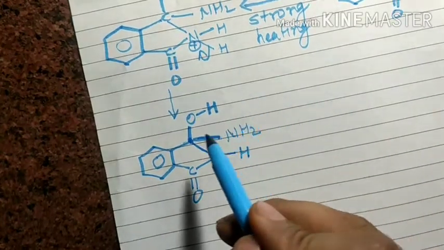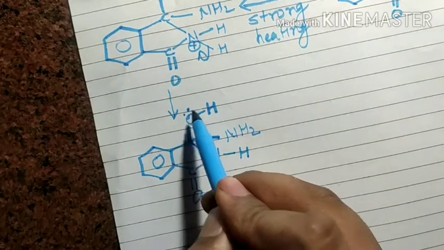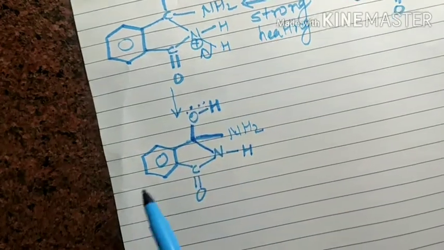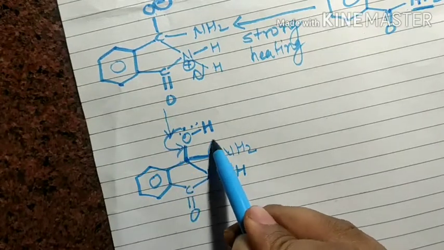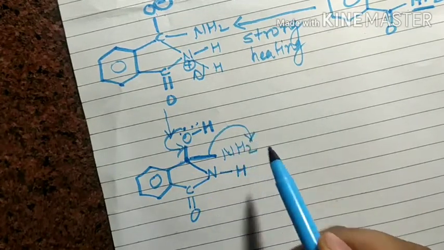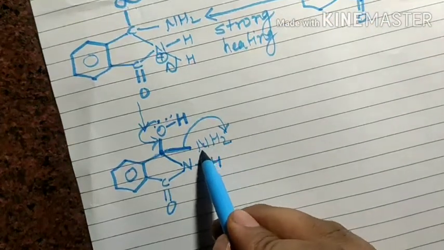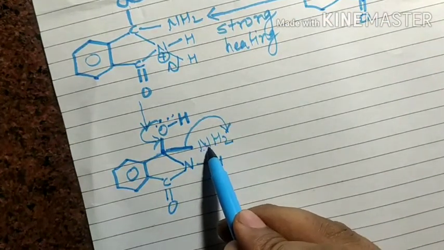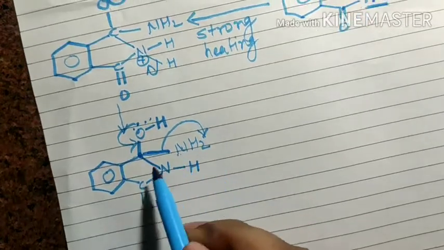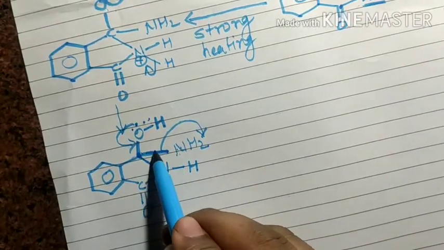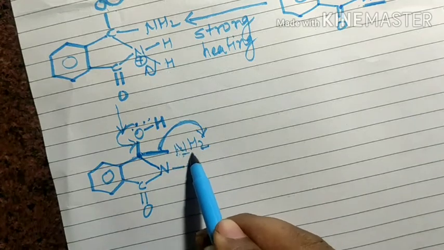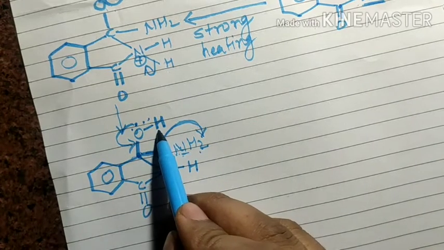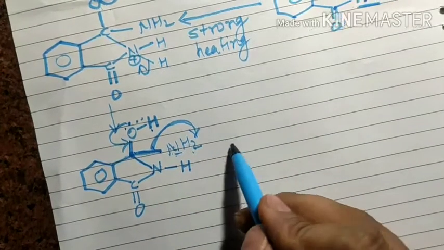So for stability, the lone pair of oxygen delocalizes here, and this NH2 group behaves as a leaving group. When this NH2 group leaves, it leaves with the negative charge, because in the carbon-nitrogen bond nitrogen is more electronegative, so it takes the bond pair and it is NH2 minus. And when it is NH2 minus, this hydrogen is abstracted by the NH2 minus. How?